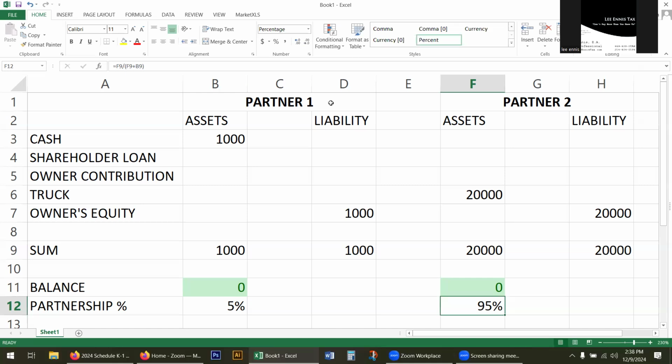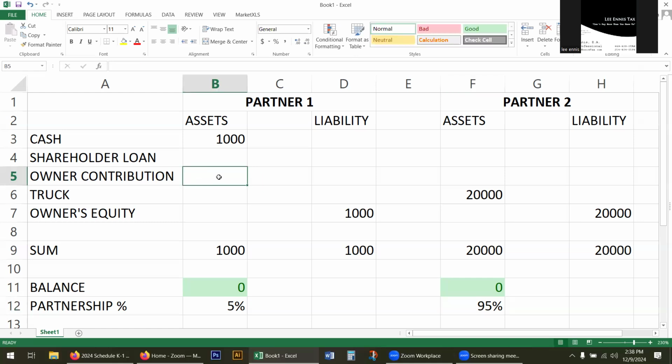Now, what if partner number one has this soft asset? Maybe they have the know-how, the information and the knowledge to create this thing. Again, you have to be able to put a value on it. Let's say that value is 100,000.